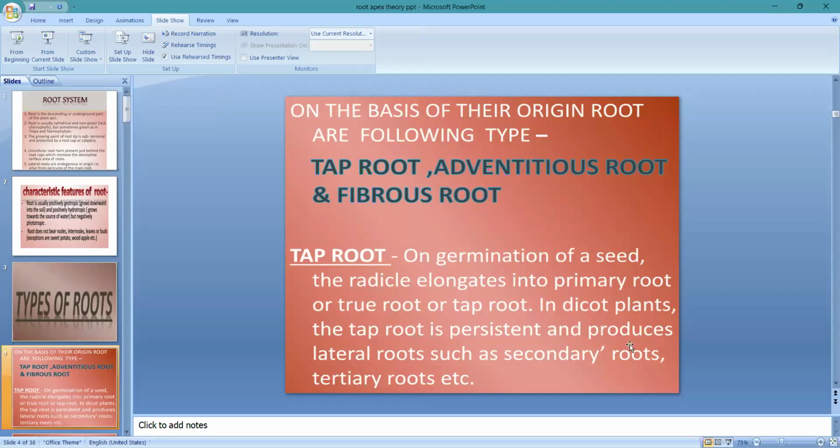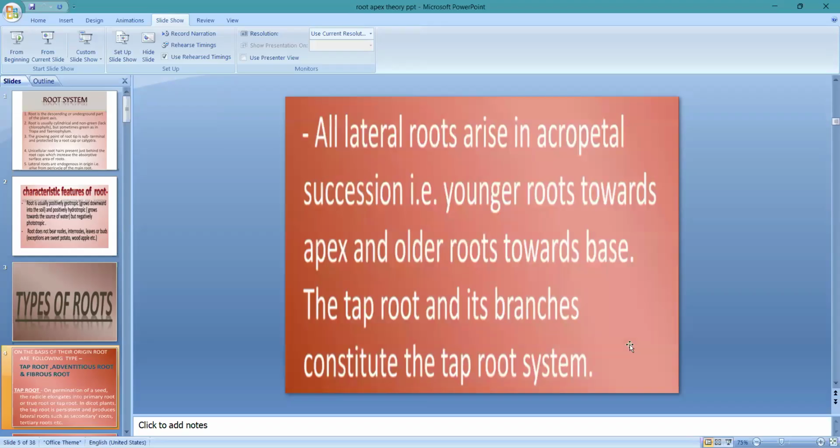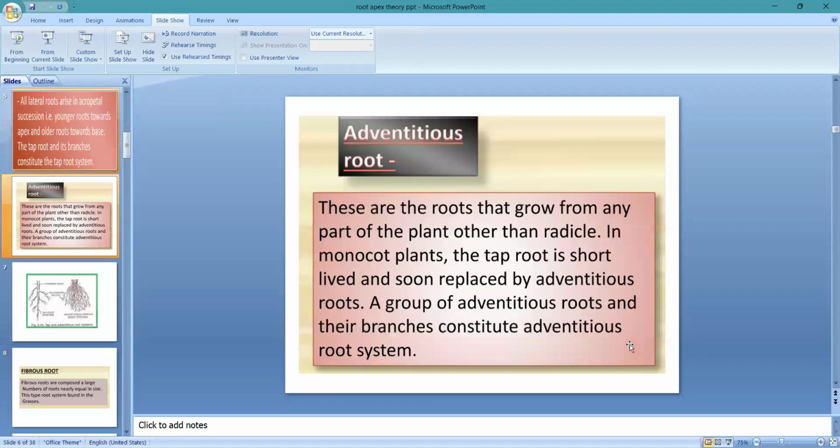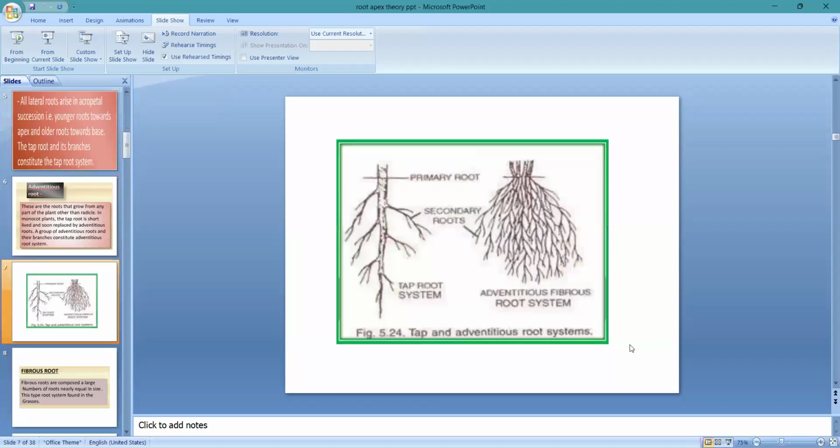All lateral roots arise in acropetal succession, that is, the younger roots towards the apex and older roots towards the base. The taproot and its branches constitute the taproot system. In the next slide you will see the taproot system, with the primary root and secondary roots.